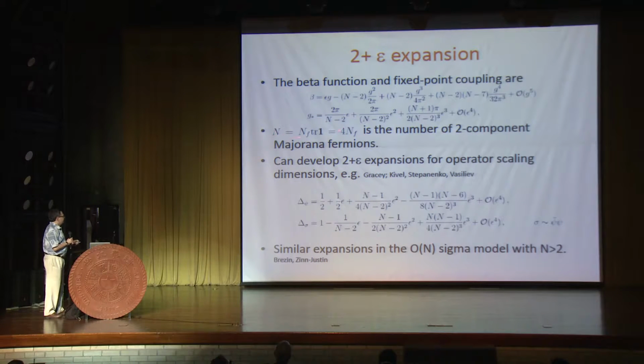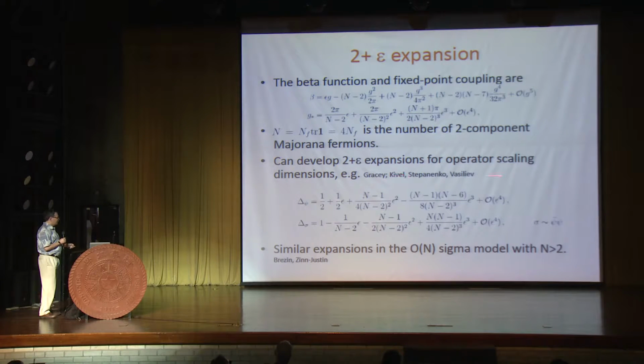And N is just 4f, and f is actually the number of 2-component Majorana fermions in the game, which is the most minimal. So 2-component Majorana is the most minimal fermion you can have. And so using this idea, one can develop 2 plus epsilon expansions for various scaling dimensions.